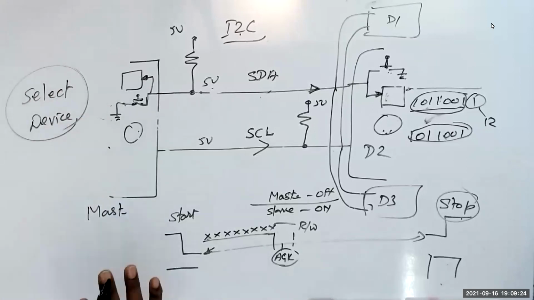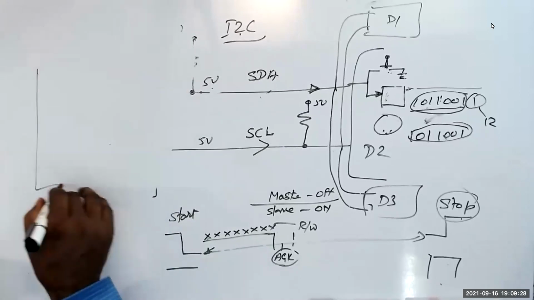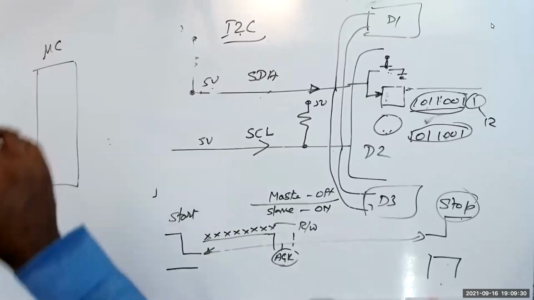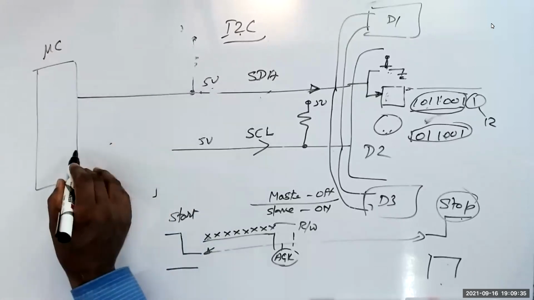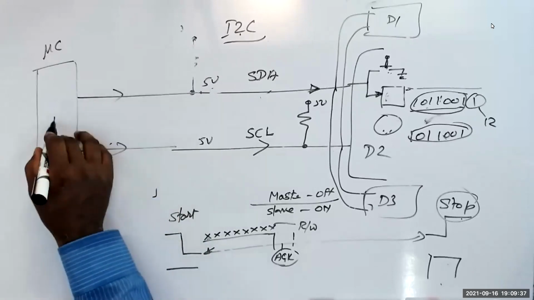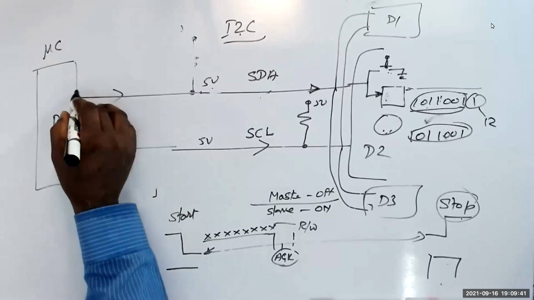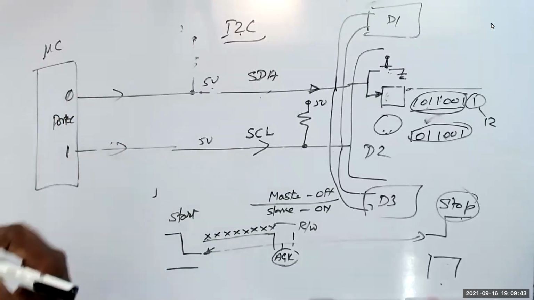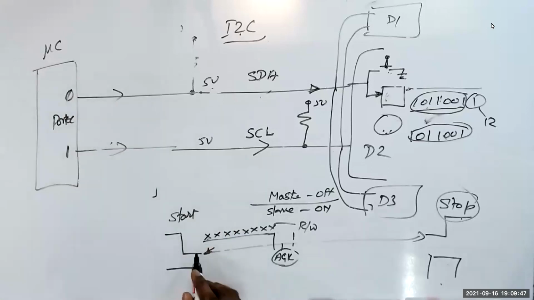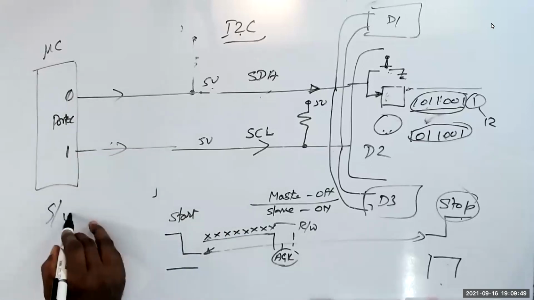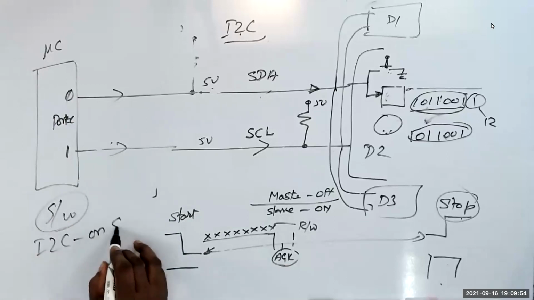Method one: I have a microcontroller with a port, let's say port C, bits 0 and 1. I can do the whole thing by software. You can transmit the whole data by software, which means you are simulating I2C in software.